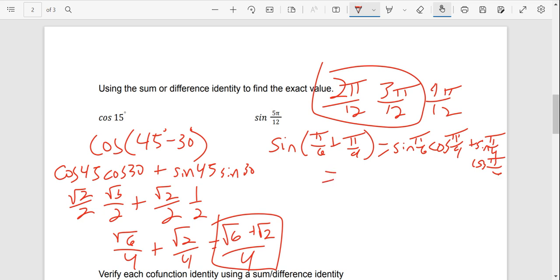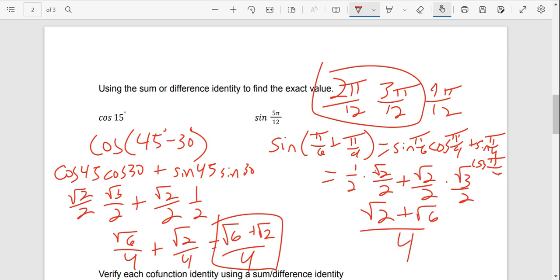Sine of pi over 6 is 1/2. Cosine of pi over 4 is root 2 over 2. Sine of pi over 4 is root 2 over 2. Cosine of pi over 6 is root 3 over 2, giving us the same answer as before: root 2 plus root 6 over 4.